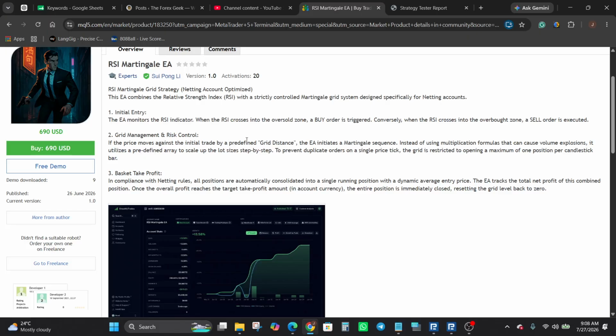The EA tracks the combined net profit of that whole position, and once it reaches the configured take profit target in account currency, the entire position closes at once and the grid resets back to zero.